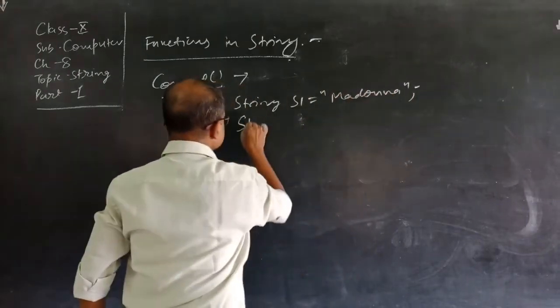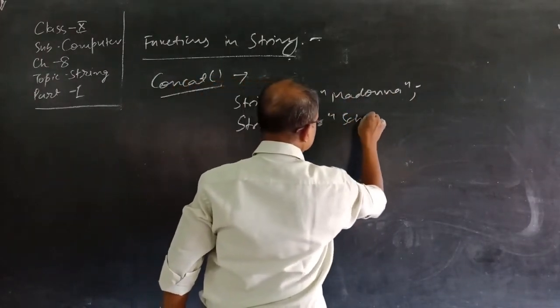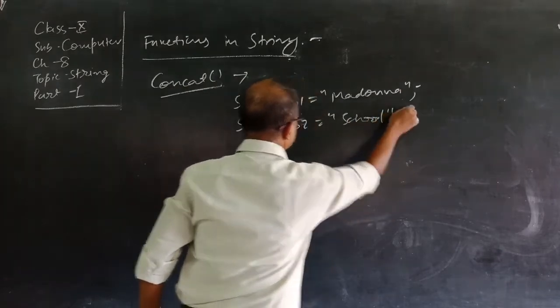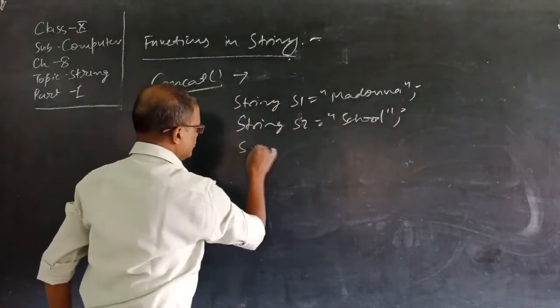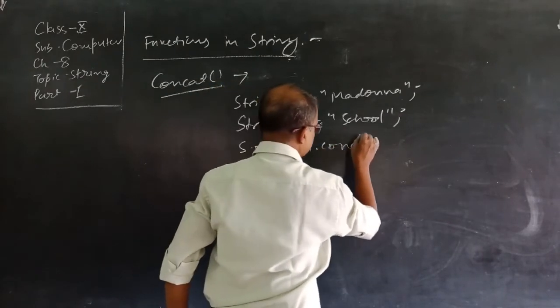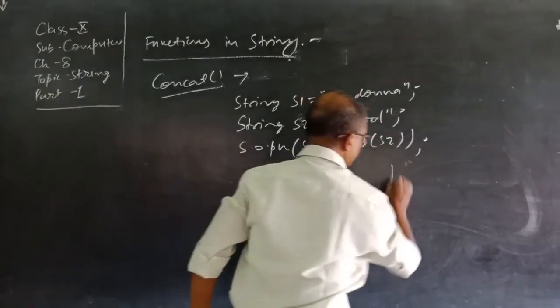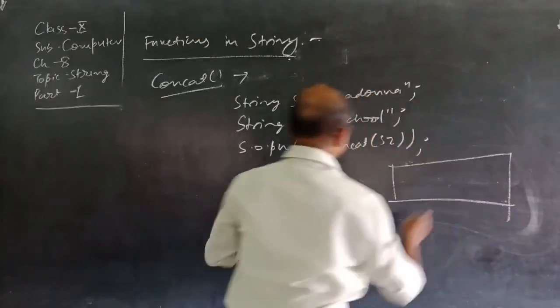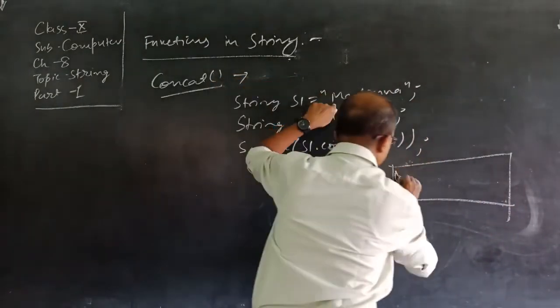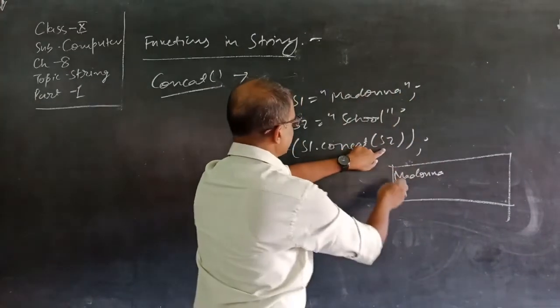Second string is school. So if you have to concatenate the two, System.out.println(S1.concat(S2)), you will get the output like this. First is S1, so first Madonna will come here, and after that S2, so school will come after Madonna.